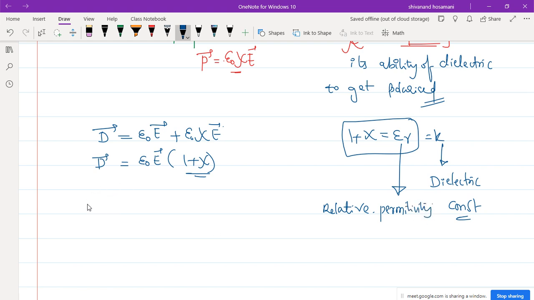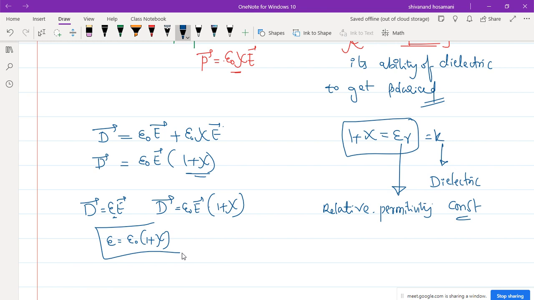Therefore, if I compare, the D vector is equal to epsilon naught into E vector into 1 plus chi. Then epsilon is equal to epsilon naught into 1 plus chi. Therefore, we can redefine epsilon as epsilon naught into epsilon r.